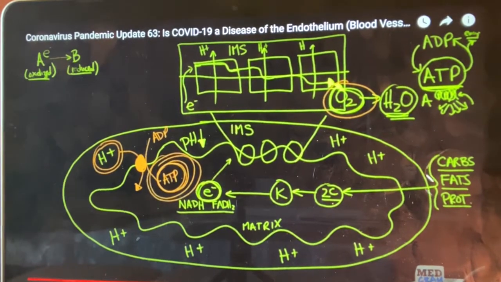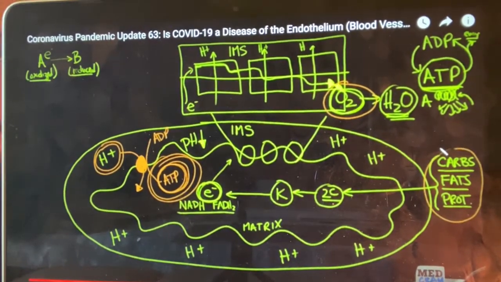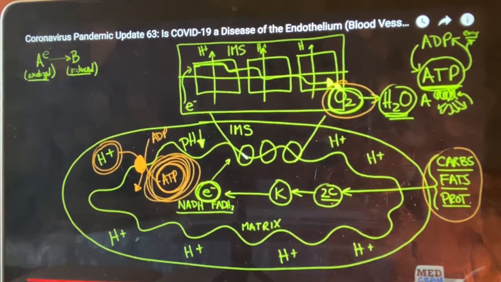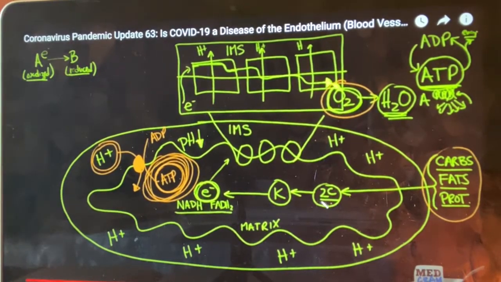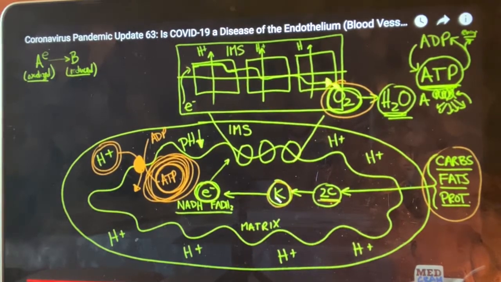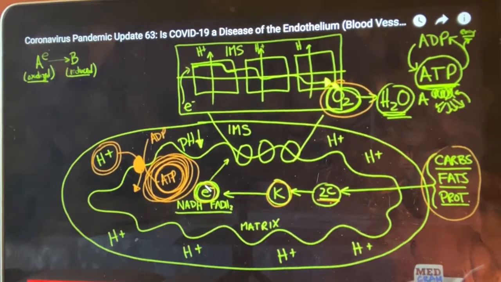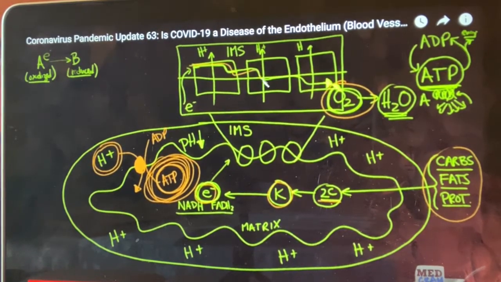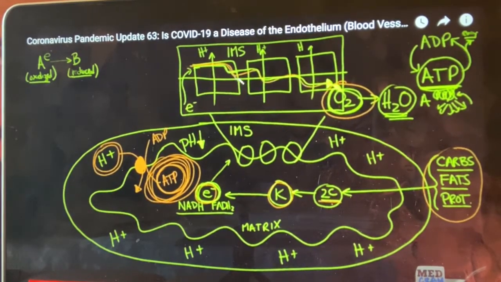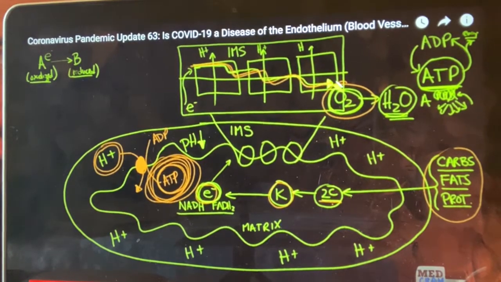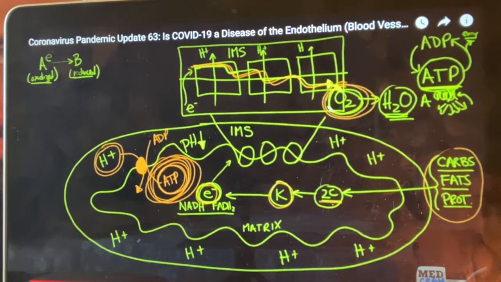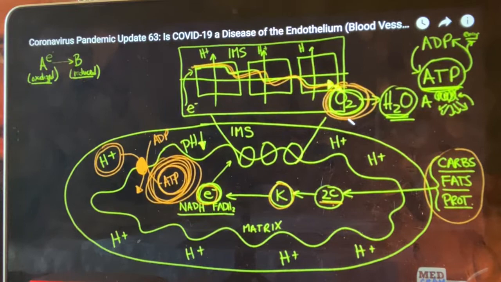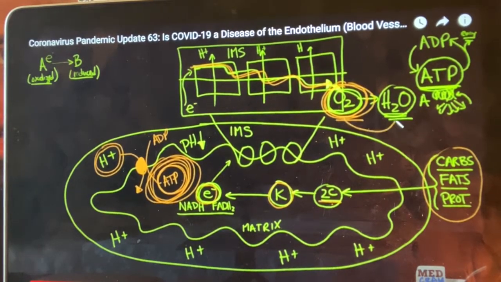So how do we go from carbs, again, fats and proteins, to ATP? It gets metabolized down into 2 carbon units. The 2 carbon units go into the Krebs cycle. The Krebs cycle turns it into electrons. The electrons then go to the intermembrane space, where as they go down the electron transport chain to increasingly more oxidized carriers, it finally gets to the most oxidized electron acceptor, which is oxygen, which then converts it into water.